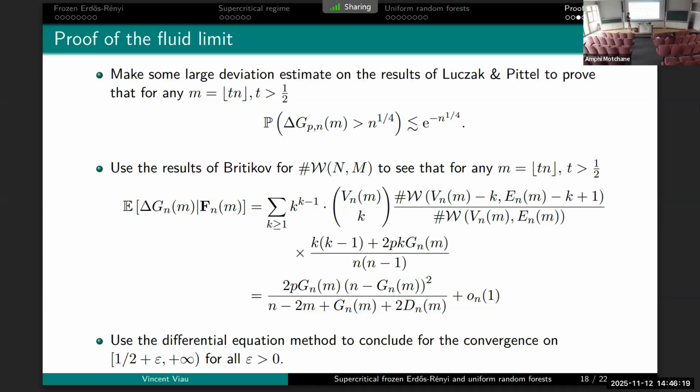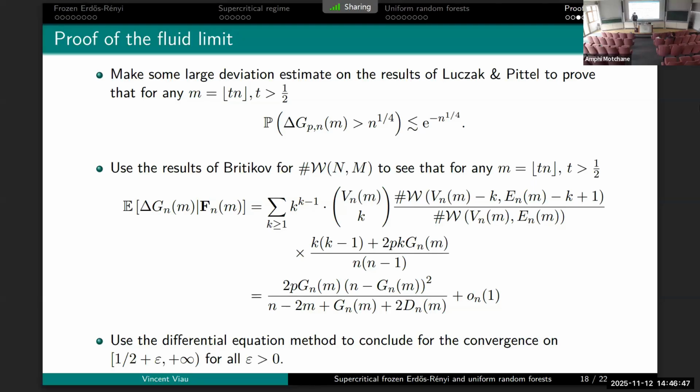And just before concluding, one remark is that when you make the calculations for this sum, the only remaining term is the one which comes from the second part, the part which comes from the P times Gn, and the first part of this fraction has actually disappeared in the limit.